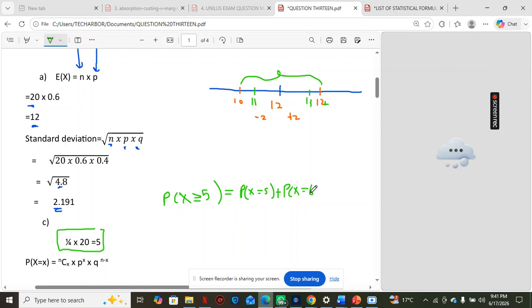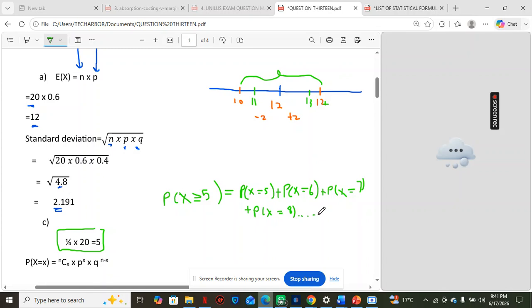plus you need to find the probability that 7 students prefer working in the banking industry, plus the probability that 8 students prefer working in the banking industry, until you reach the probability of 20.